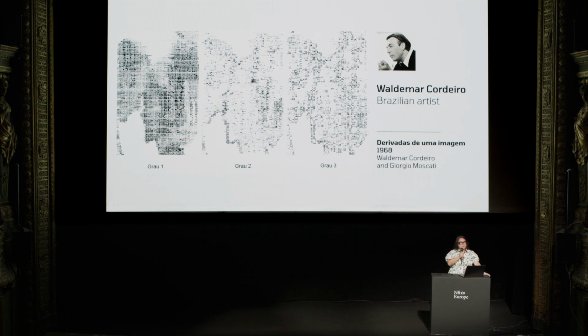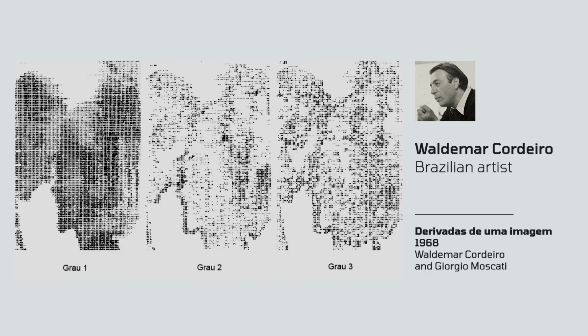A big source of inspiration for me was Waldemar Cordeiro, a Brazilian artist who in the late 60s experimented with the computer to create art. This piece, Derivadas de uma Imagem, took a photograph and reproduced it digitally, reducing its resolution with each reproduction.